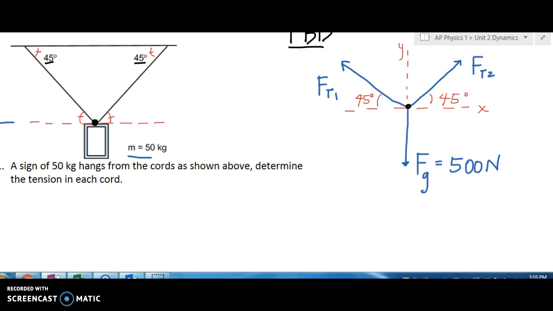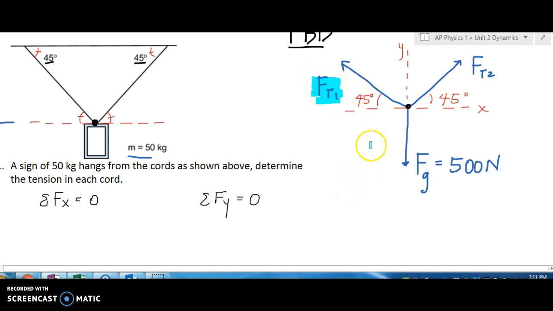So the system should be in equilibrium, and if it's in equilibrium, then the sum of all the forces in the x direction should be equal to 0, and the sum of all the forces in the y direction should be equal to 0. Now when I look at this first tension, tension 1, I see that it's pulling the picture frame or the box or whatever that is to the left a little bit.